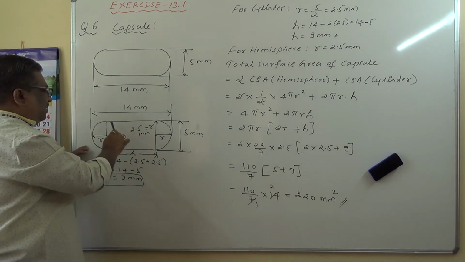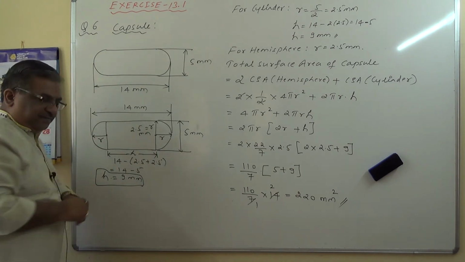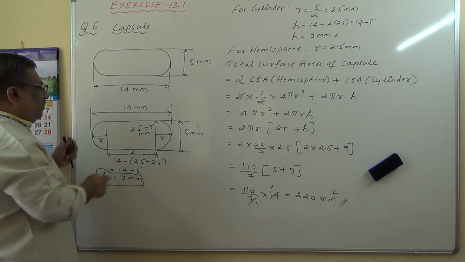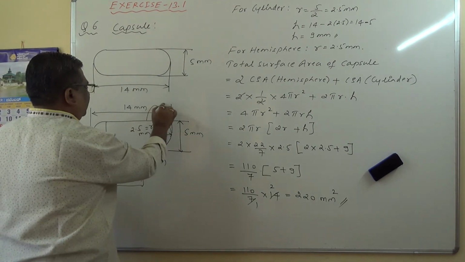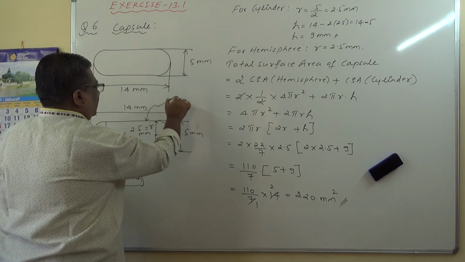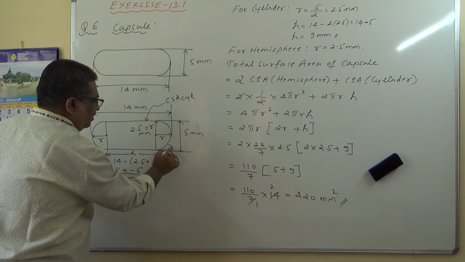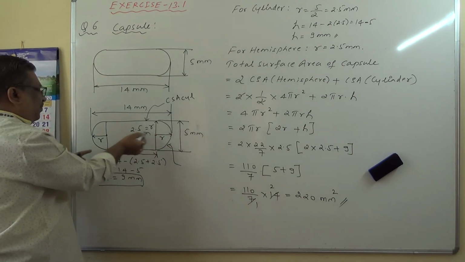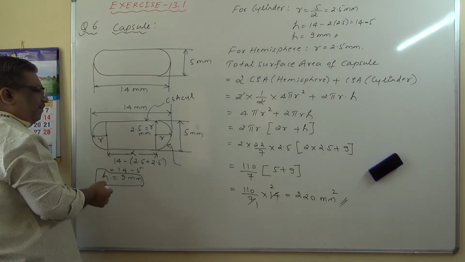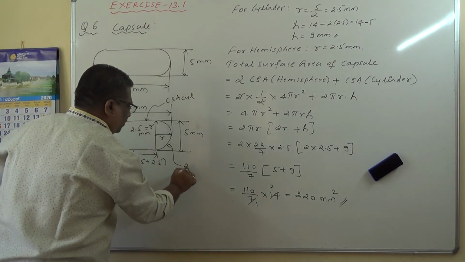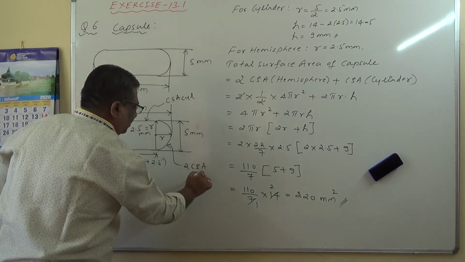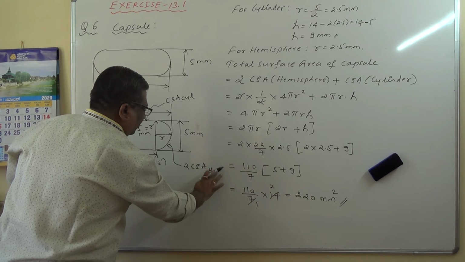The CSA of this cylinder, the total surface area is CSA of cylinder plus the CSA of this hemisphere, and this hemisphere is to be added. So 2 times CSA of hemisphere.